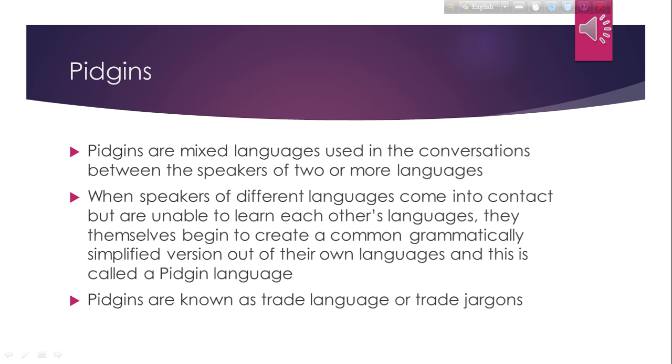A pidgin should be as simple to learn as possible, and pidgins are known as trade languages or trade jargons. Usually traders and seamen of different countries use pidgin languages for their trade related communication.